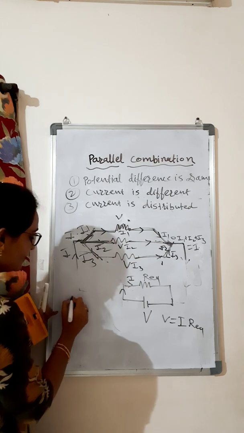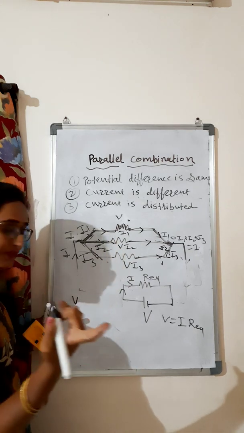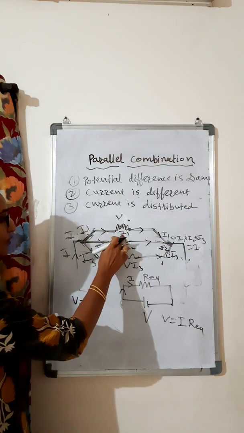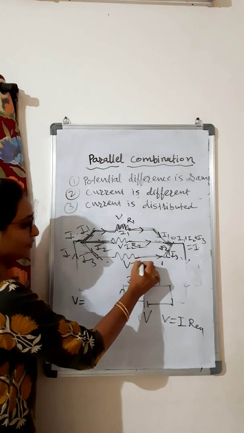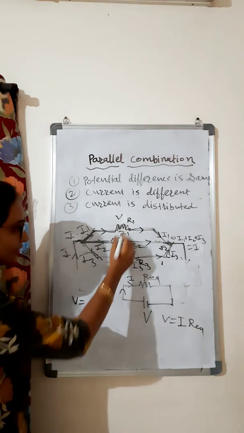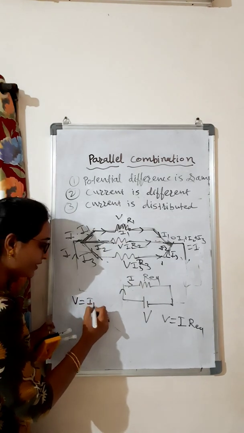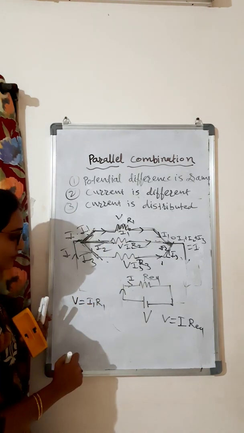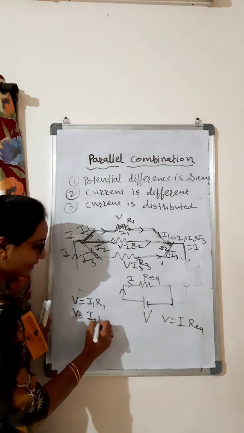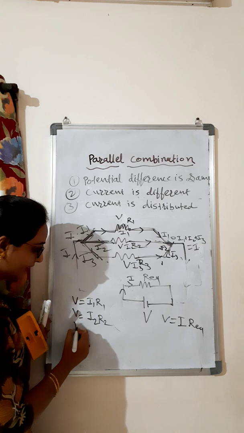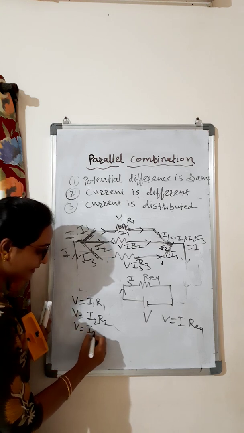First resistance has V potential difference, same. Suppose this is resistance R1, this is R2, this is R3. So V is I1 R1, V is also I2 R2, and here V is I3 R3.